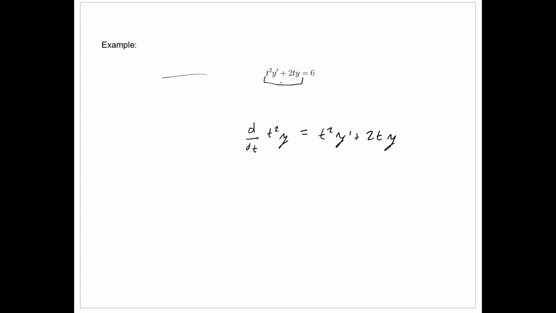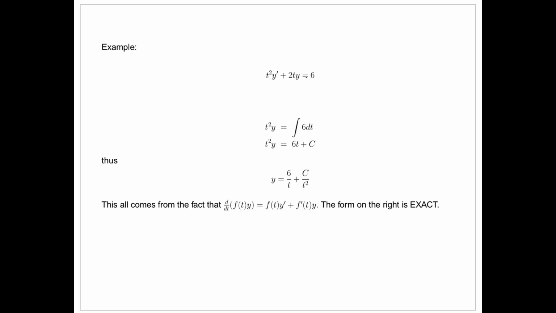Because of that, we can just integrate both sides of this equation very easily. When we integrate the left side, we get t squared times y plus some arbitrary constant. When we integrate the right side, we get the integral of 6 dt, which is 6t plus an arbitrary constant.